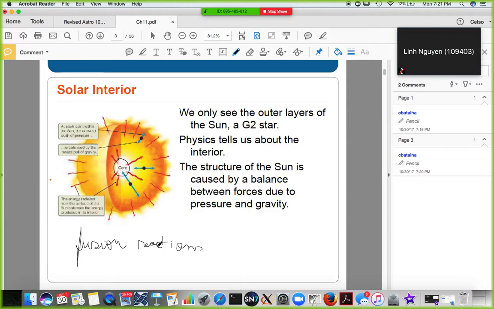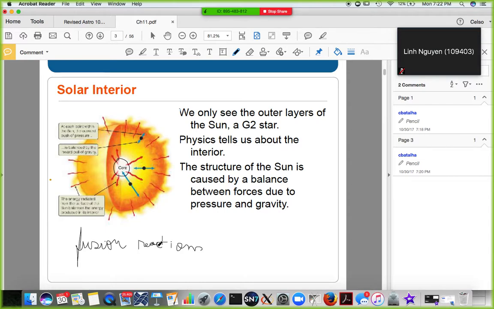Remember, the sun has mass, has weight, and this weight and mass tends to bring the sun toward the center, to squeeze as much as possible. But this pressure, this inward force caused by gravity, by weight, is balanced by the pressure of the energy that is produced in the very core. So we have a tug of war between 2 forces.